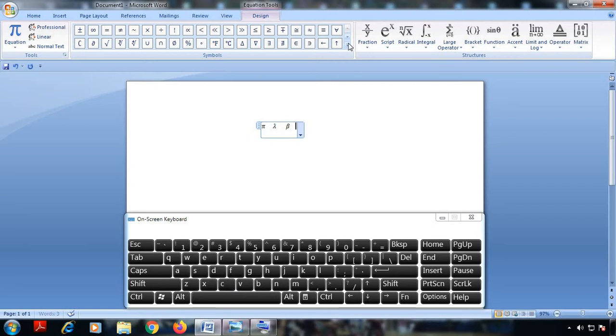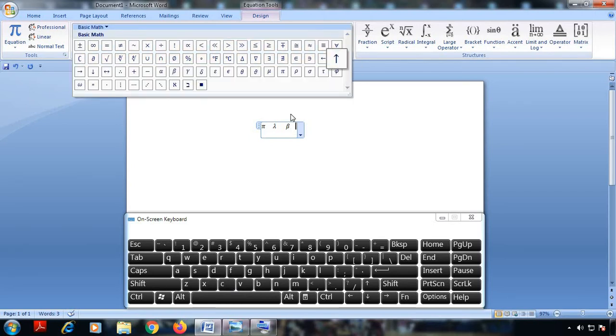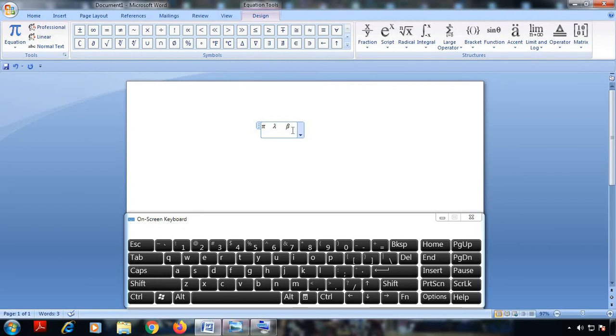Apart from finding those symbols here in the equation editor, you can conveniently make use of this particular technique to directly write those symbols. Now let's say there's one more symbol you want, that is omega. I'll enter omega and I'll then enter space. Here you can observe omega. Now let's say you want to write a symbol saying theta.